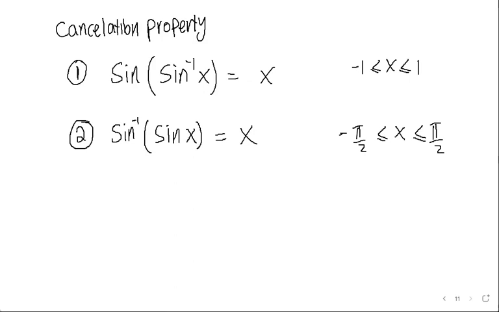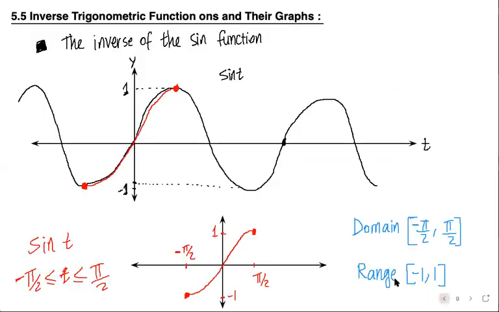By this, we finish the inverse of the sine function. Again, for sine inverse of the sine function, we have to take this piece only. So we have to restrict the domain. When I take this piece, I get a one-to-one function. Now the domain for this one is from minus pi over 2 to pi over 2.